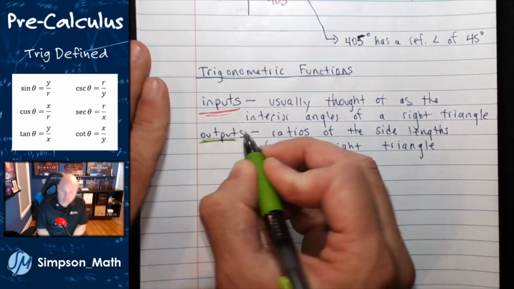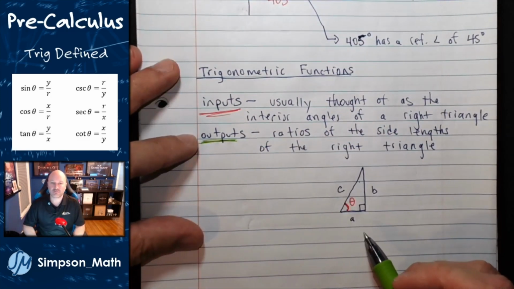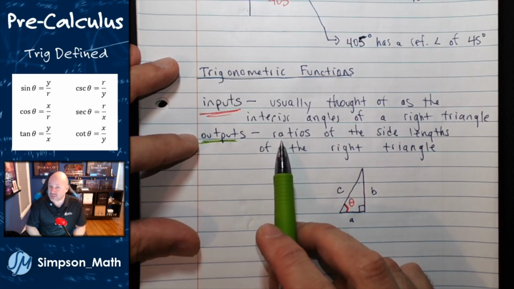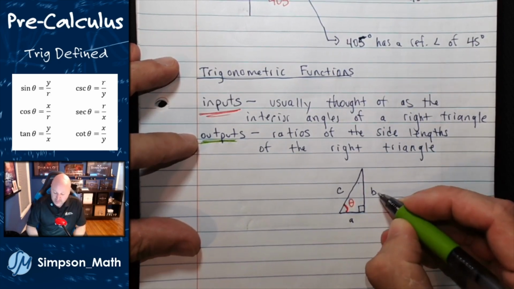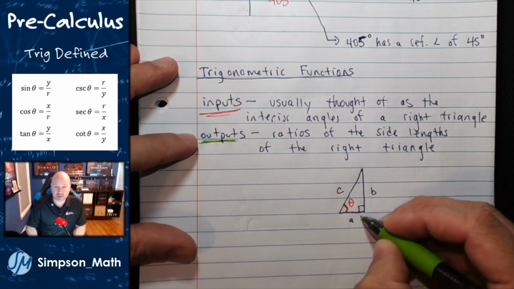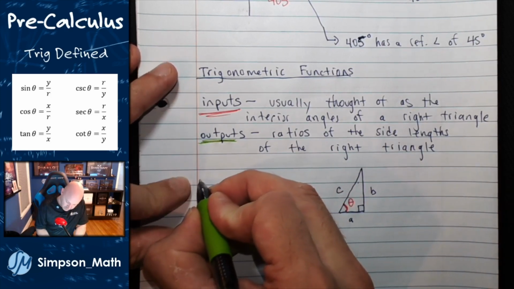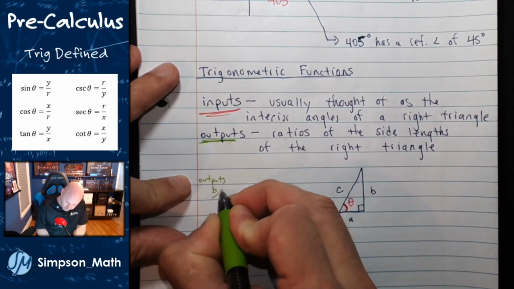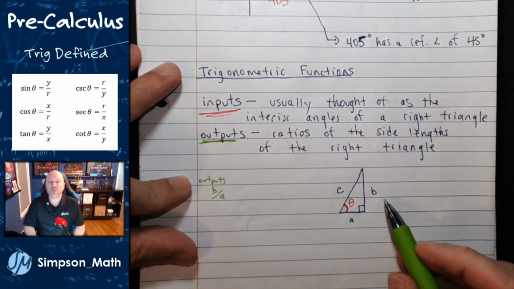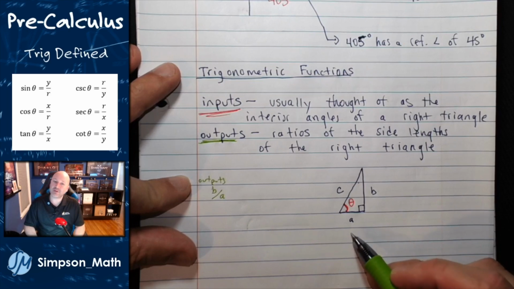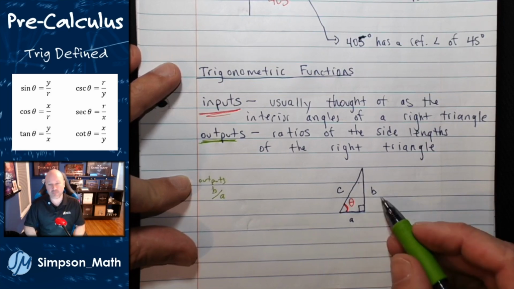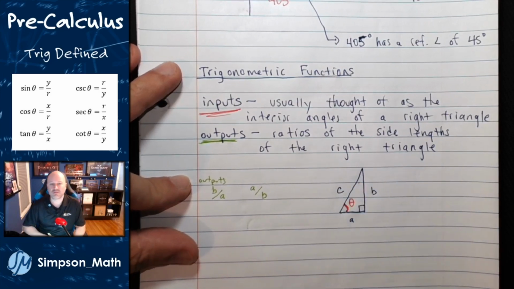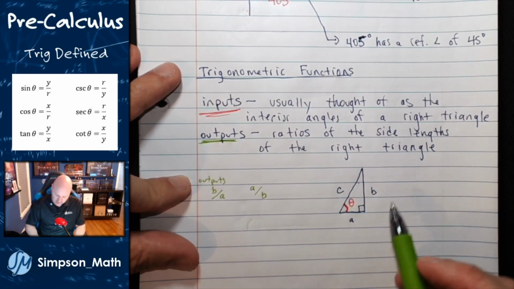So what would be a good output? Remember, ratio is just another word for fraction. So how about B to A, or B over A? And if B over A can be an output, its reciprocal, A over B, could be an output. And I'll just continue pairing up letters here.